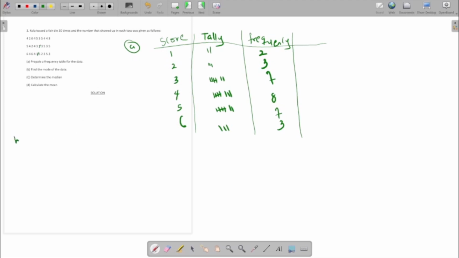So if you come back here, mode: score with the highest frequency.